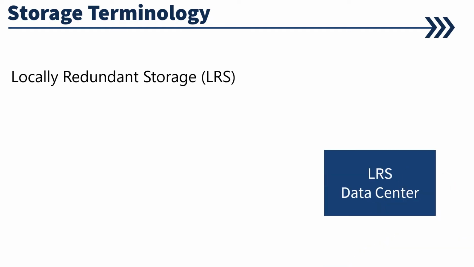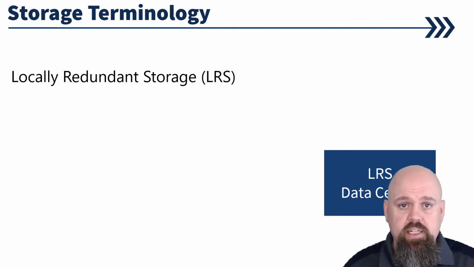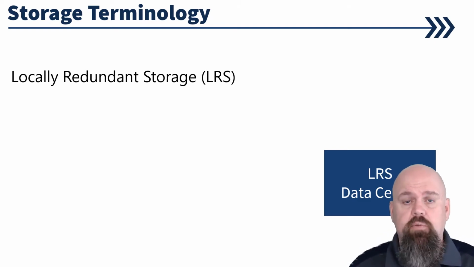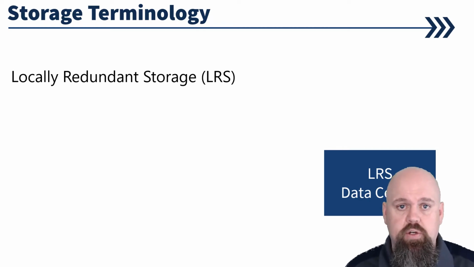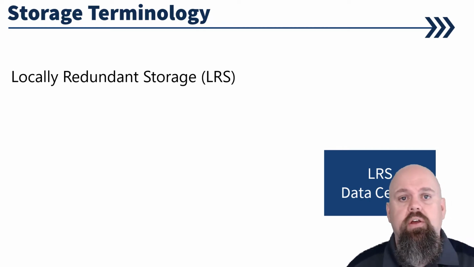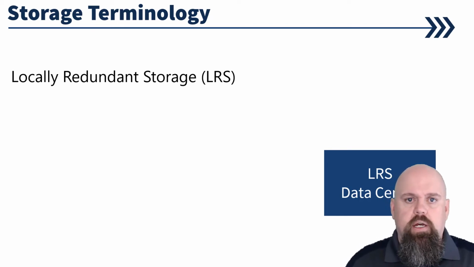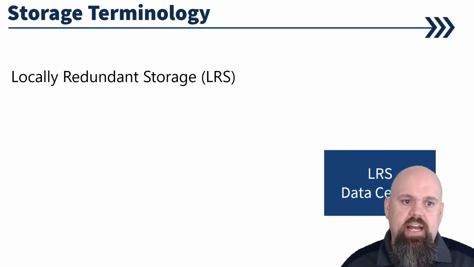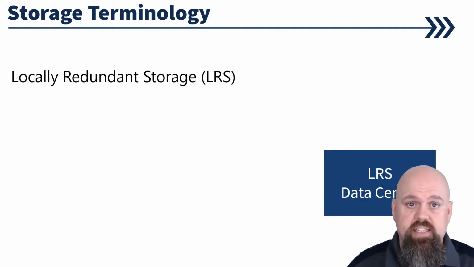Now, this means that the storage is locally redundant within that given physical facility, and you get 3 basic copies of that data within that facility, which means that if that one server rack goes down, your data is actually replicated to 2 other server racks within that physical location. So while you might be redundant from an individual server rack failure, you're not going to be redundant from that physical location going down.